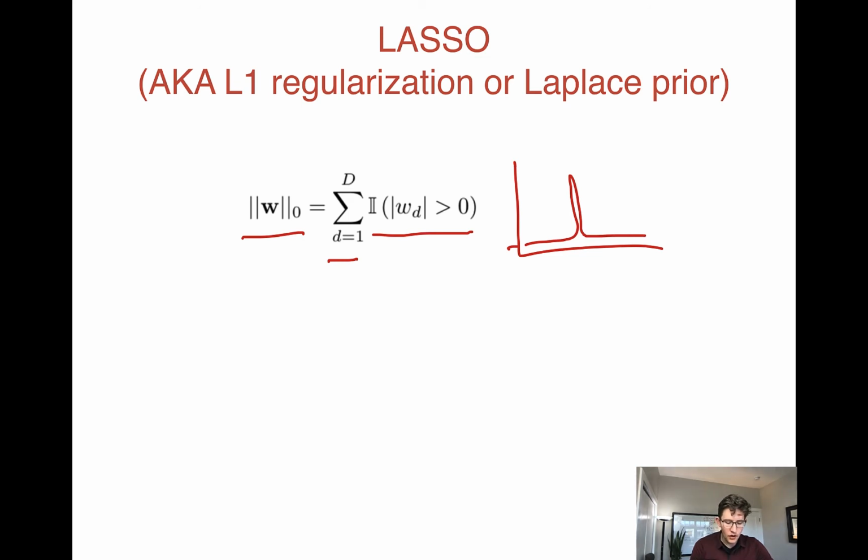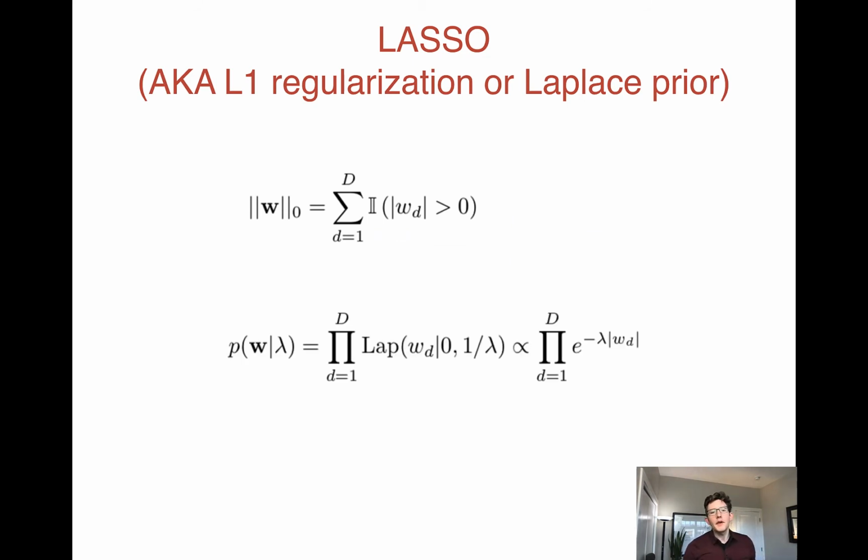Otherwise, if we put all of our probability on 0, then it would just, of course, be 0. So this is idea number one. This is called the zero norm, for reasons that I won't get into. But the zero norm is not what we're going to focus on, for reasons I'll talk about in a minute.